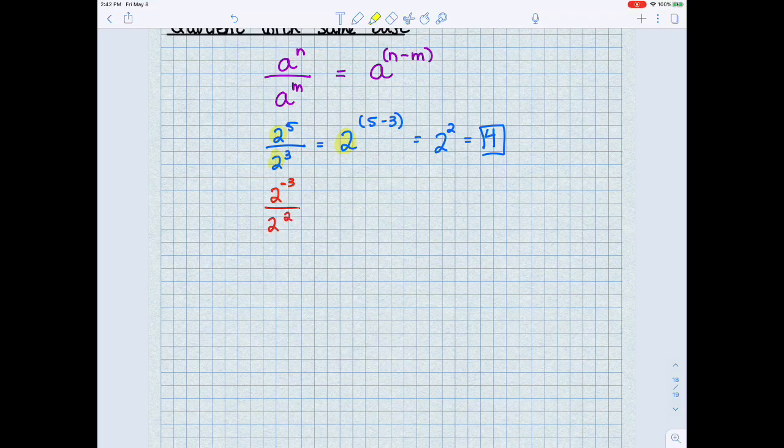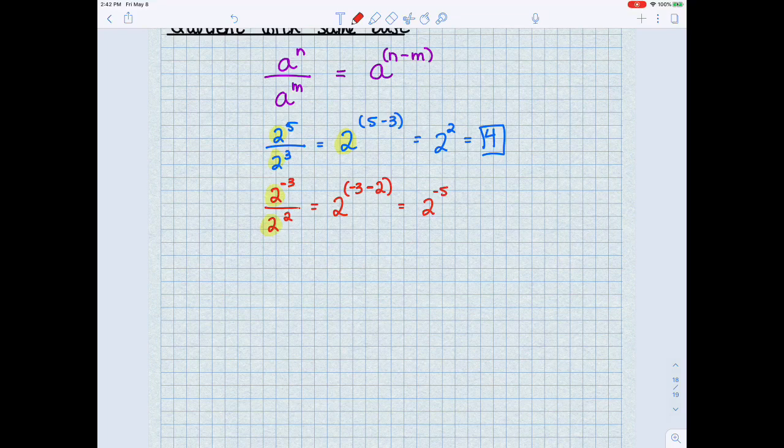Now, notice how my bases are the same. So that means I can use this rule here. So I keep it there, and I subtract my two exponents, my numerator minus the denominator's exponent, which we know negative 3 minus 2 is negative 5. So our answer so far is 2 to the negative 5th power.